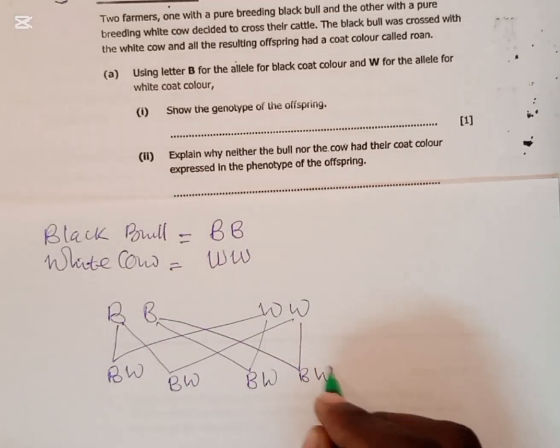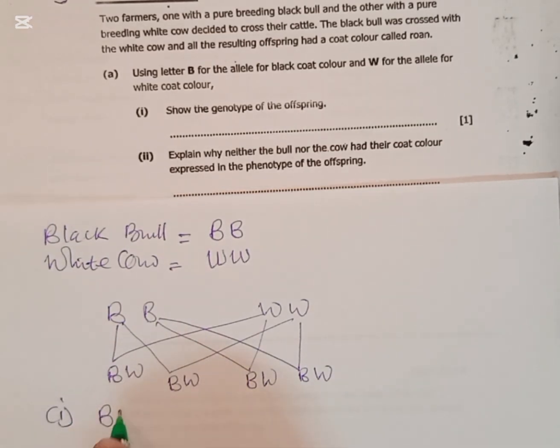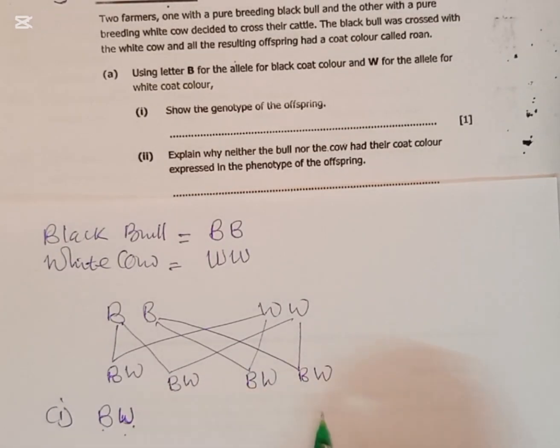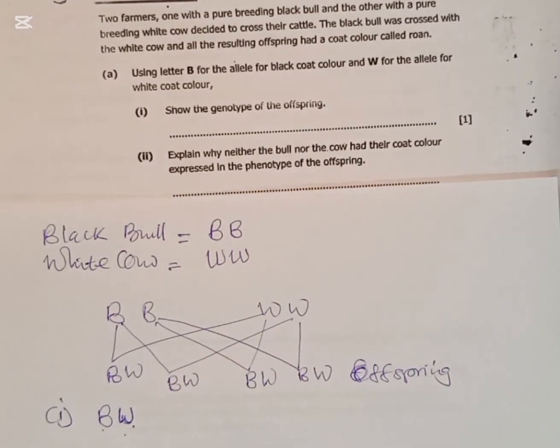So we have this kind of arrangement. So the genotype of the offspring, to answer question 1, is going to be this kind, where you have a capital B and capital W. So this is the genotype of the offspring. Remember, these are the offspring that you're talking about here. Okay, so you've answered the first question, and you're given 1 mark for that.